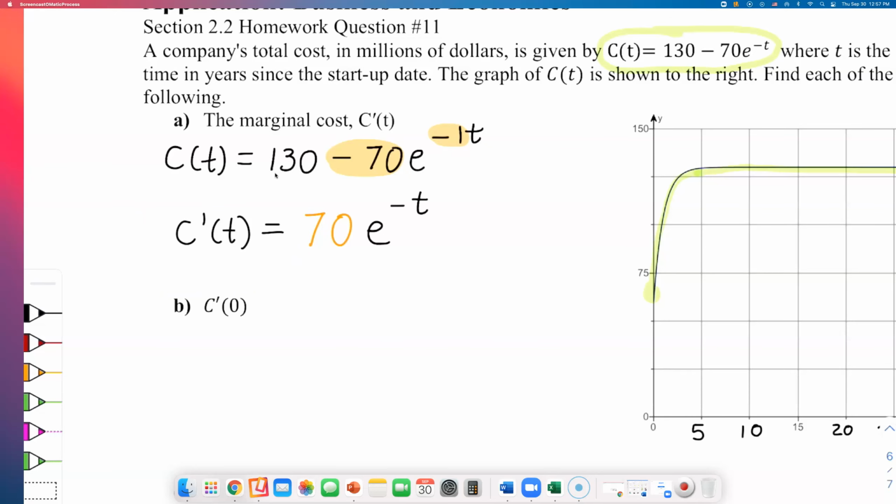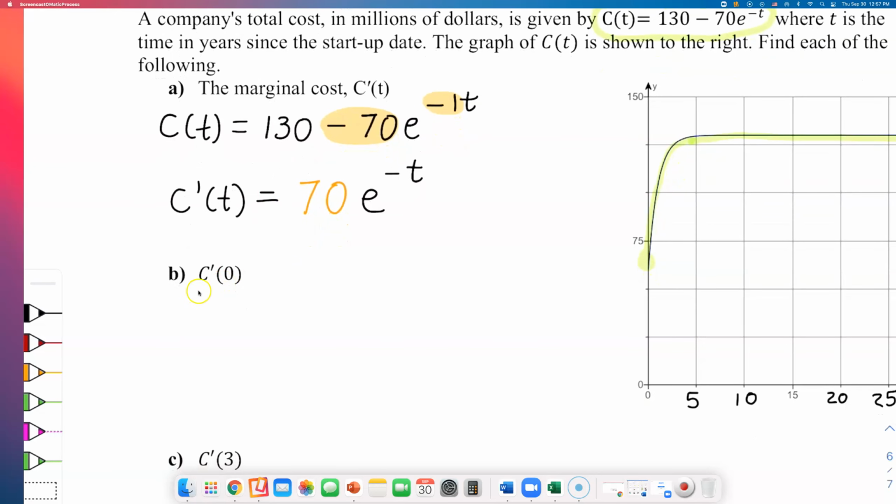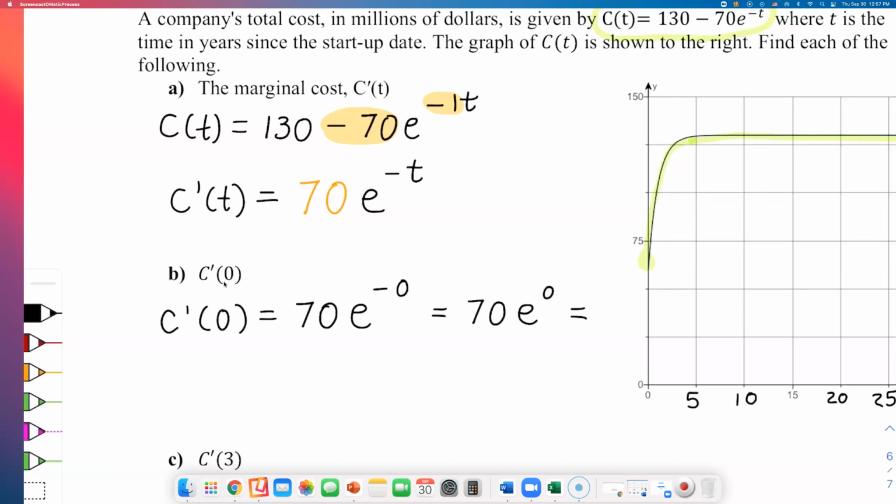Now, given that, let's find the marginal cost at year 0. How is the cost increasing or decreasing at year 0? I have to do 70 times e to the negative 0 power. That is 70 times e to the 0 power, which is 70 times 1.